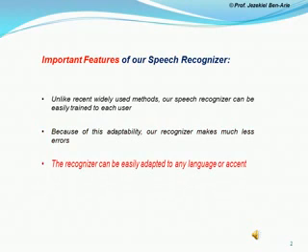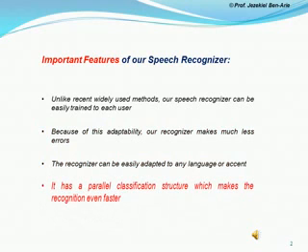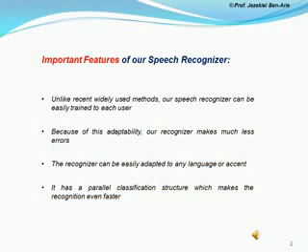The recognizer can be adapted to any language or accent, and it has a parallel classification structure which makes the recognition even faster. In the next few slides, we will discuss some experimental results that we achieved using our RISC method for continuous speech recognition.